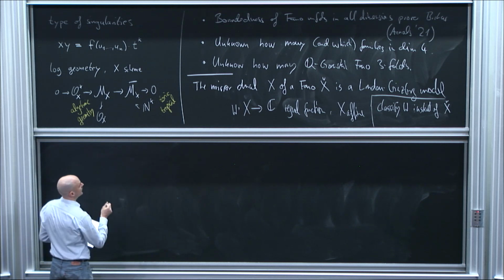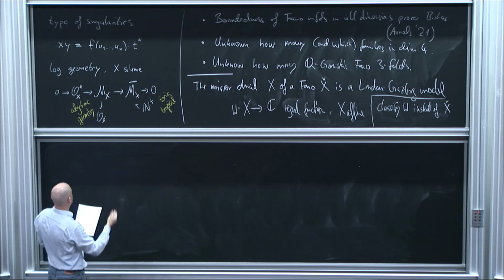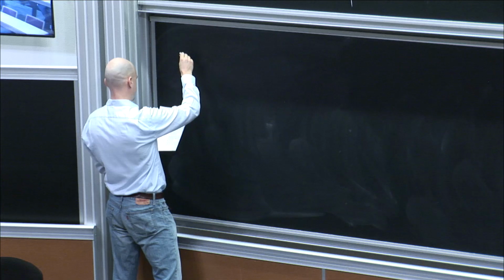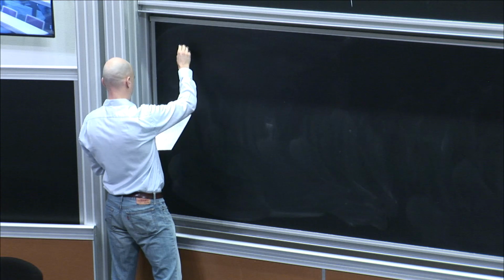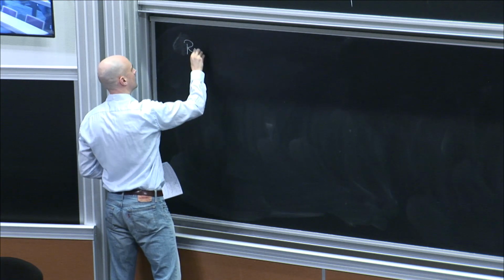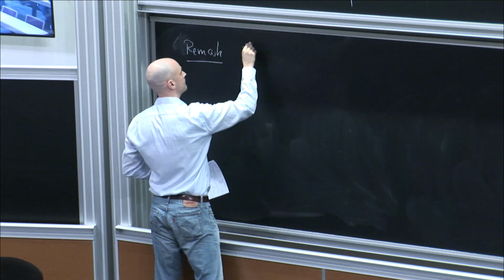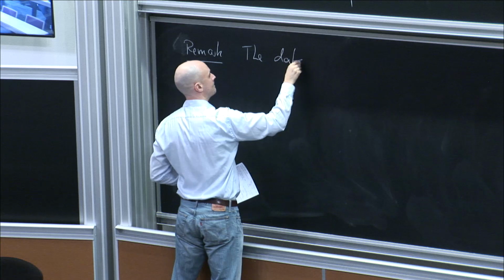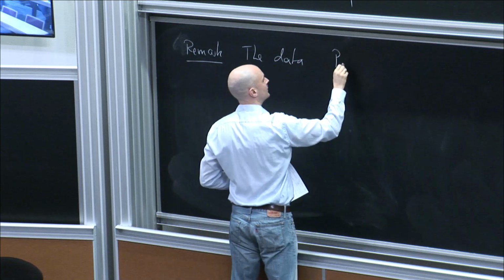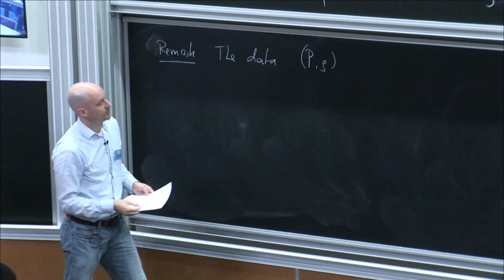So before I do that, let me give you equivalent descriptions of the data here. Remark. The data P and rho, okay, so given that, it's equivalent to the following.